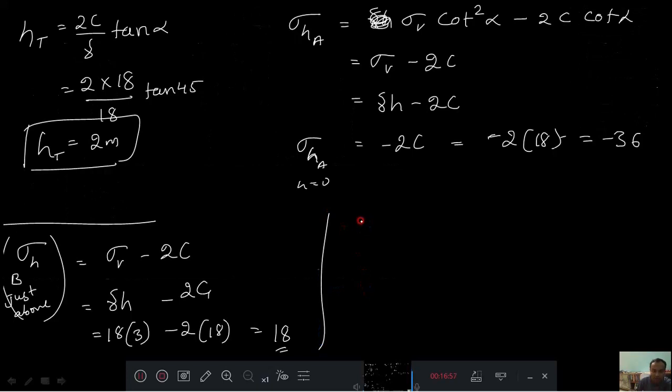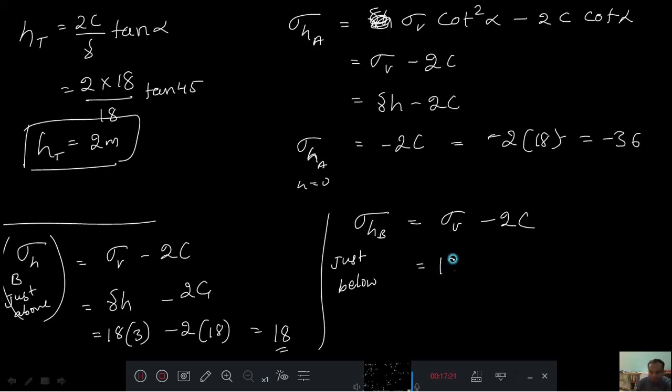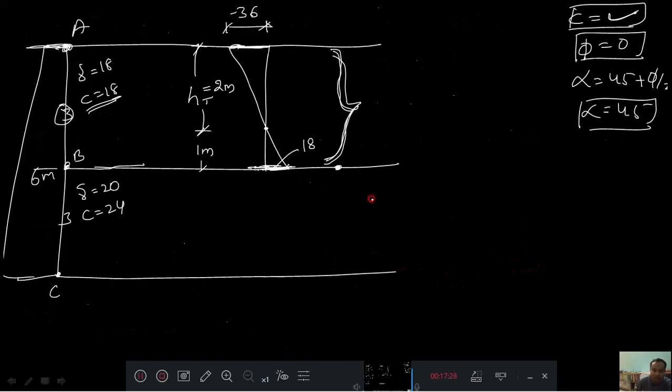That point I will call sigma h at B, just below. Then the formula is sigma v minus 2c. Therefore what is the sigma v here? Look here, at this point what is the vertical stress? Vertical stress is because of this soil, again that soil only. Therefore that soil density is 18 into the distance is 3. Very important, 18 into 3 minus the below point. The just below point belongs to which C?